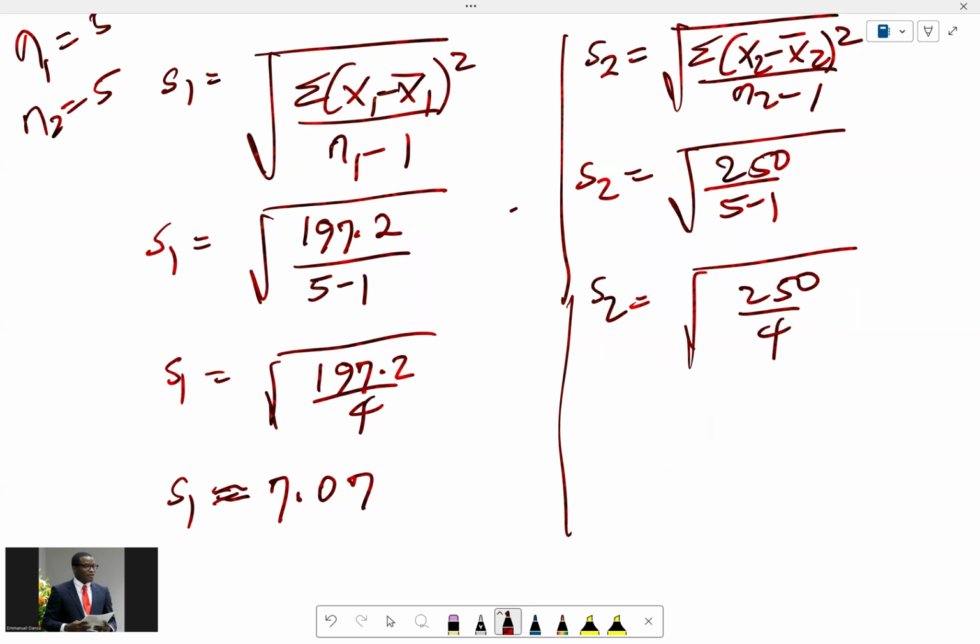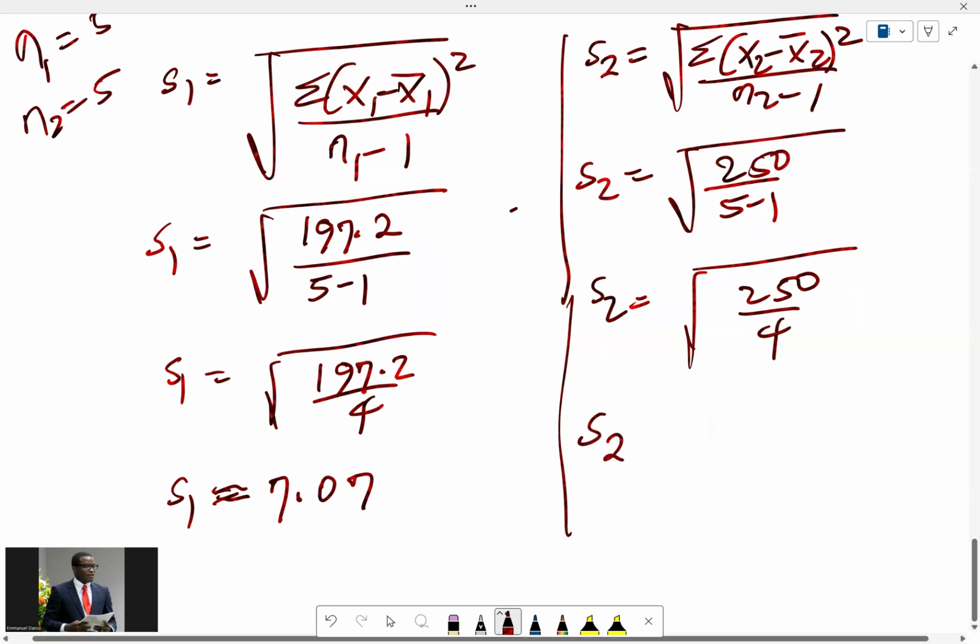The square root of 197.2 divided by 4 is approximately 7.02.